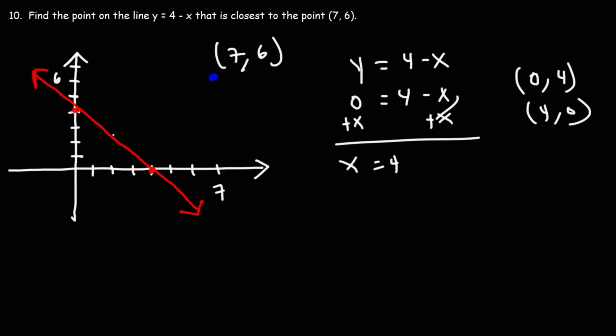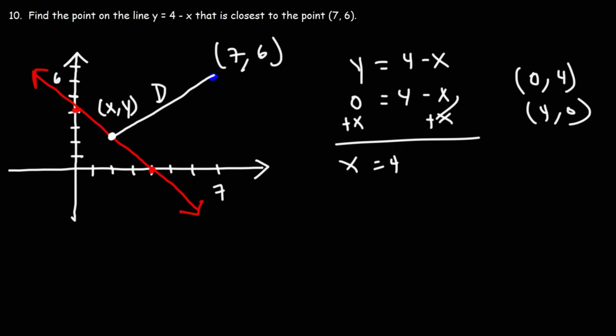Let's assume that point is here. So that point has an x value and it has a y value. Now let's draw a line connecting these 2 points. We want to minimize the distance between those 2 points.